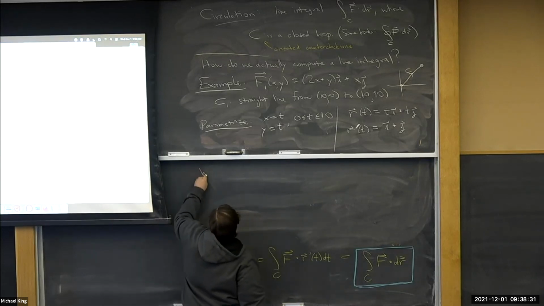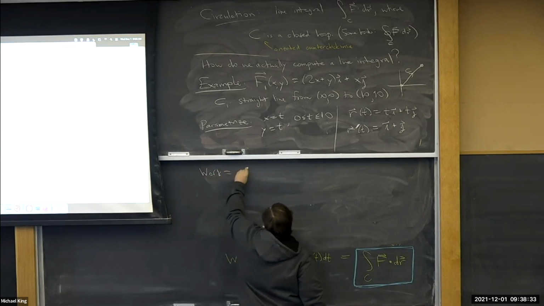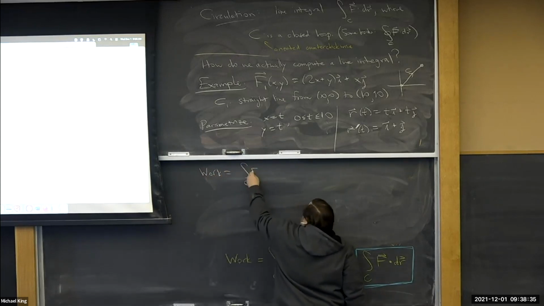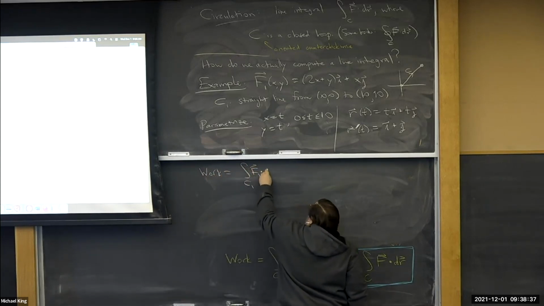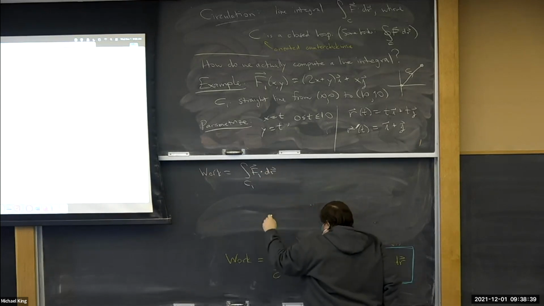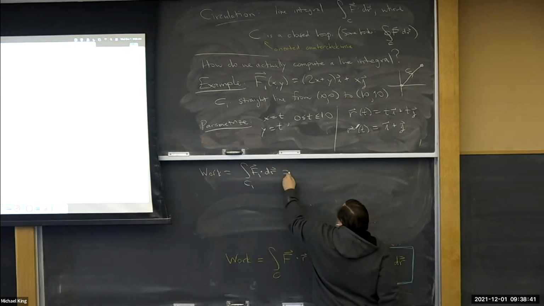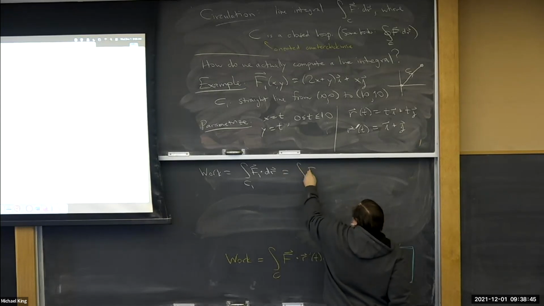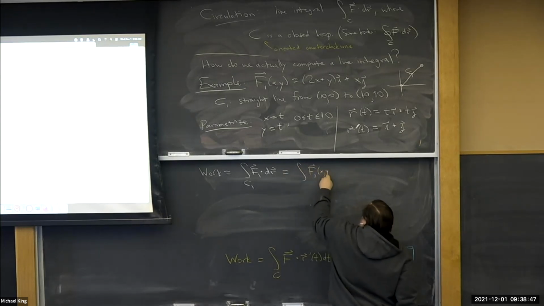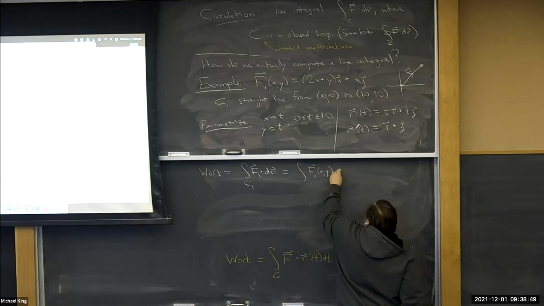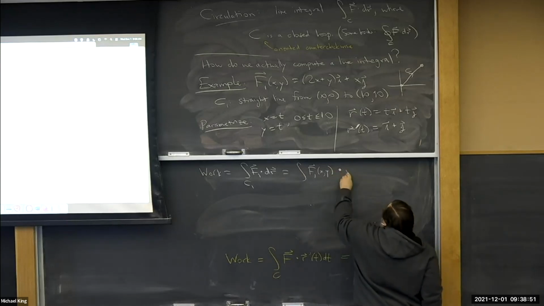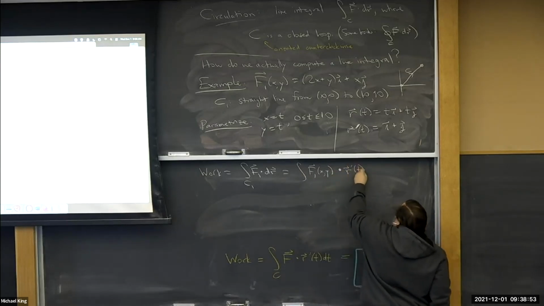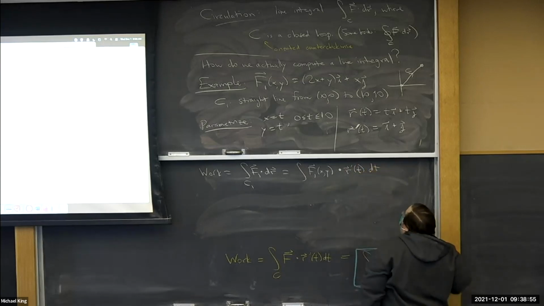So we're going to integrate along C1 F1 dot dr, and we're really going to do that as the integral of F1 of x, y dotted with r prime of t dt.